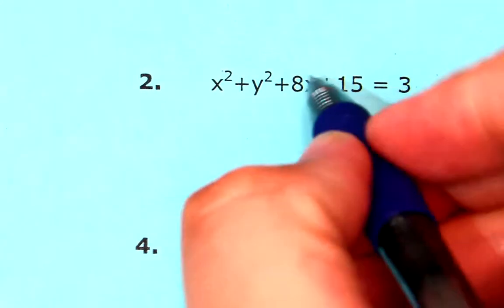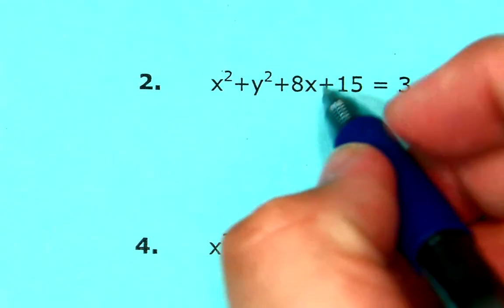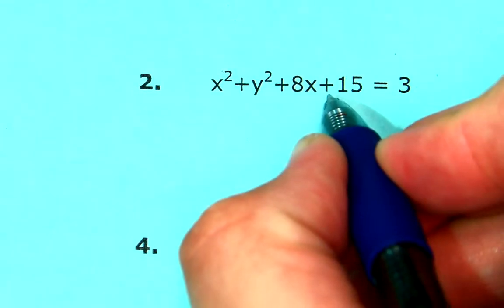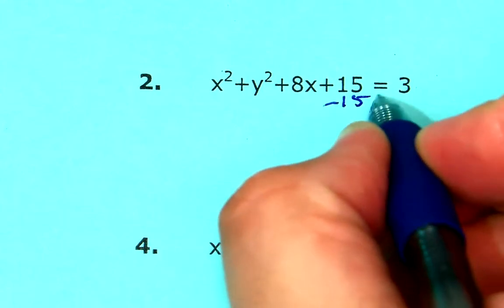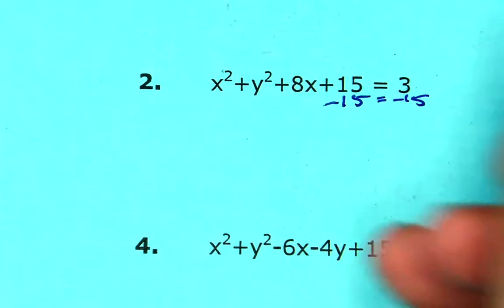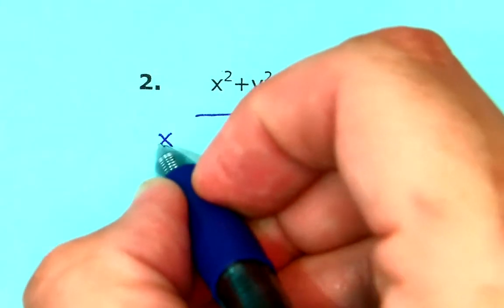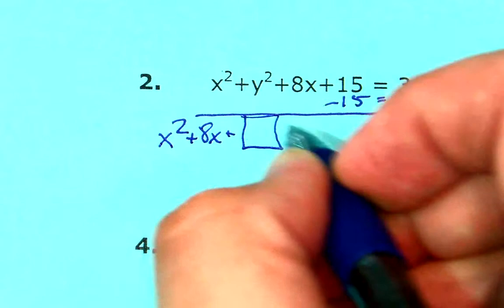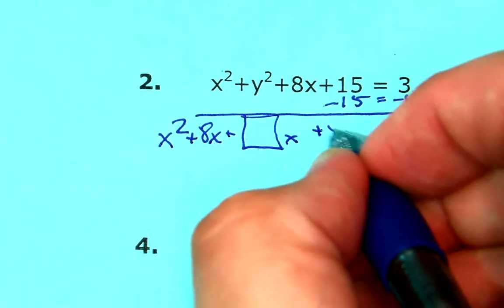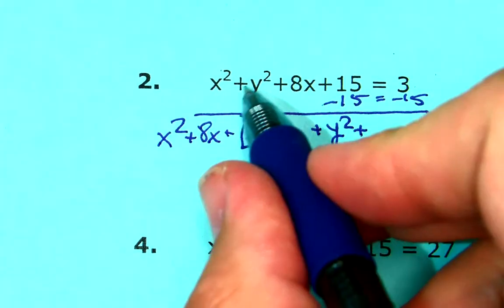All right. I have to get rid of the number. First things first, get rid of the number. So what's the number? All right, so subtract 15 from both sides. And then I'm going to set it up. X squared plus 8x plus that value for x plus y squared plus, is there any other y?